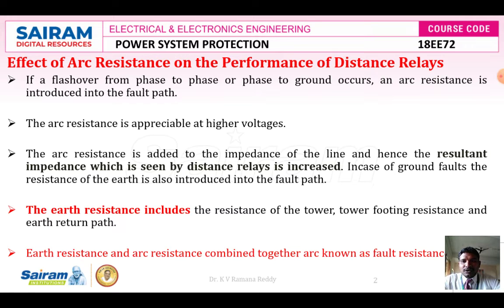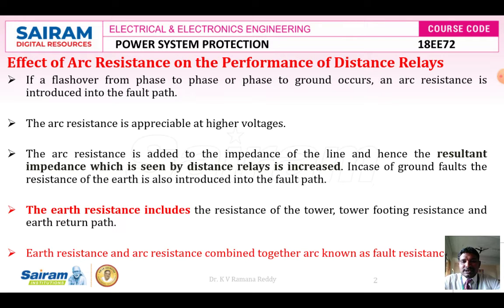So if a flashover takes place from phase to phase or phase to ground, wherever the fault occurs, an arc resistance is introduced in the fault path. Due to this arc resistance, if the impedance or resistance value is greater than the predetermined value, then it gives errors and the relay won't function.